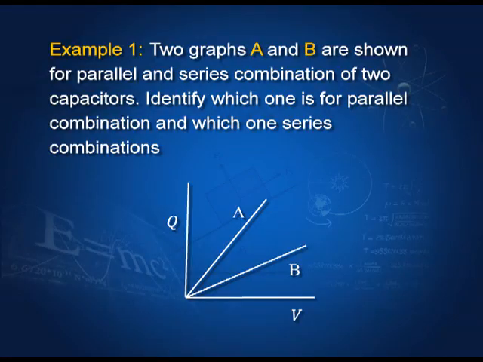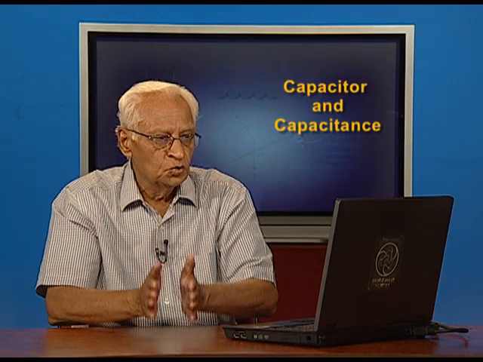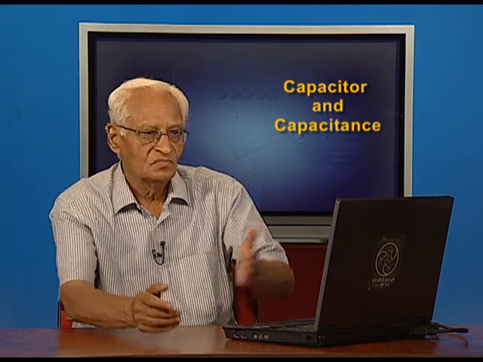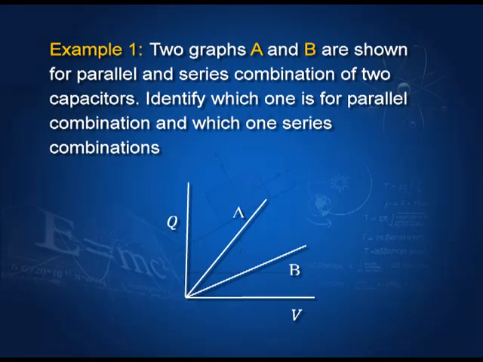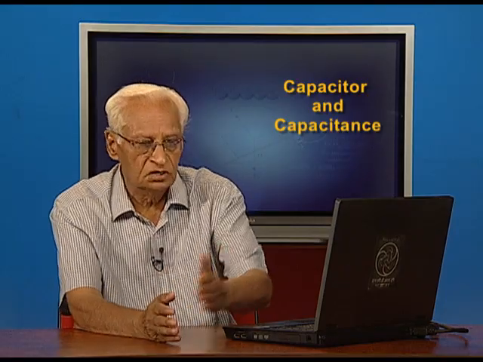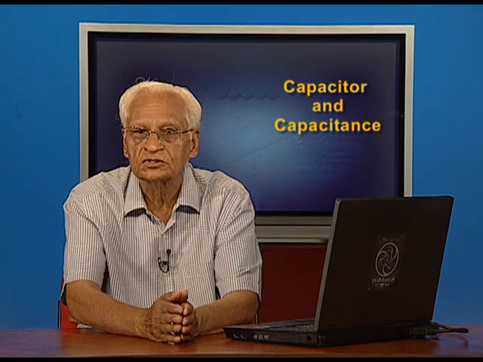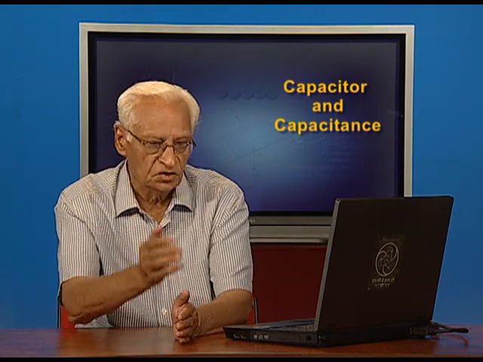Say this, for example, this exercise is for you. Here we have plotted Q against V, and there are two curves, for two capacitors in some combination, and we have to find which line, A or B, corresponds to the parallel combination, and which corresponds to the series combination.